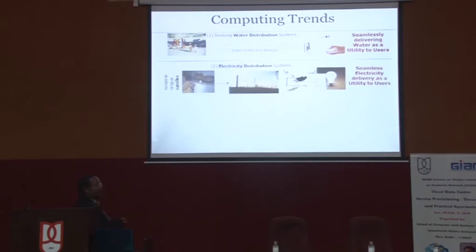And the same with electricity. From using candles to an electric distribution system, we just care about turning on and turning off. Now we talk a lot about this in terms of smart grids, and smart grids are actually linked to data centers.